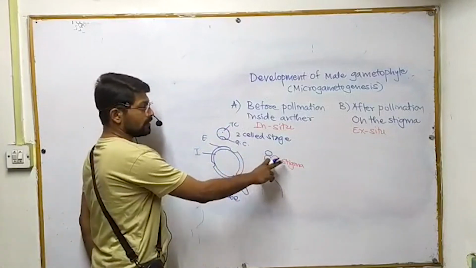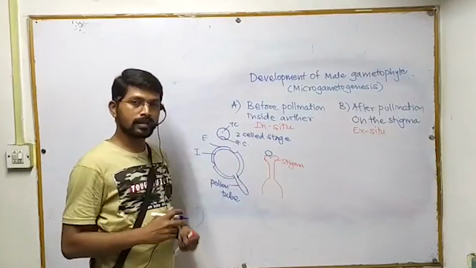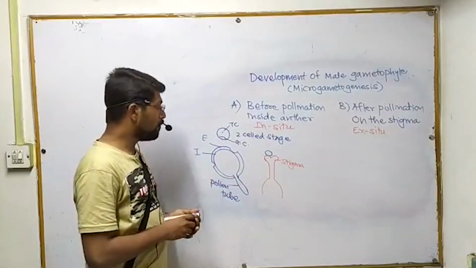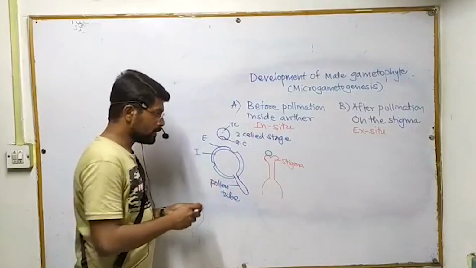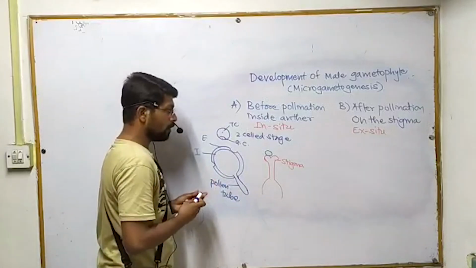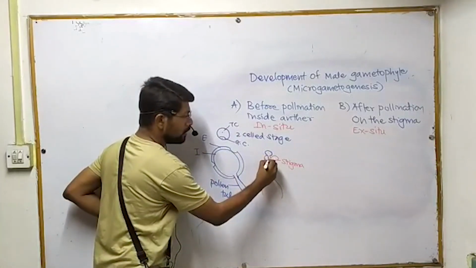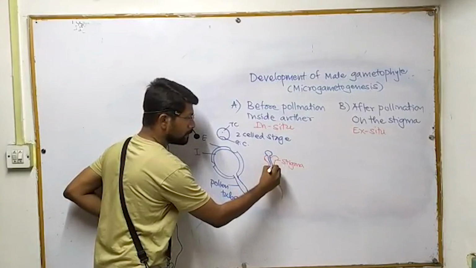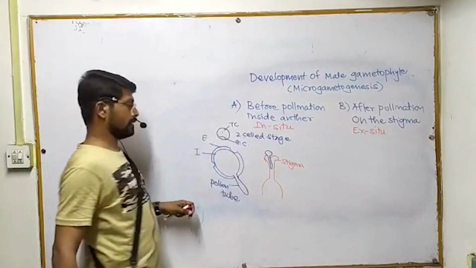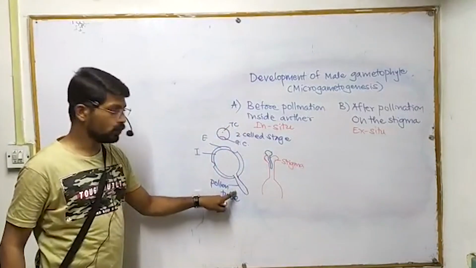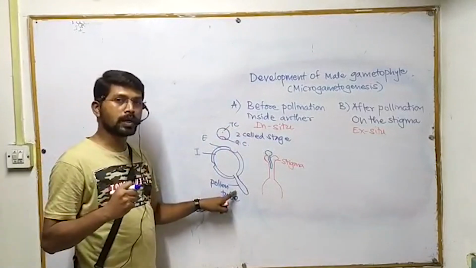So when the pollen absorbs the sugary substance or exudate, it will form the pollen tube, and this pollen tube starts growing from the stigma towards the ovary.